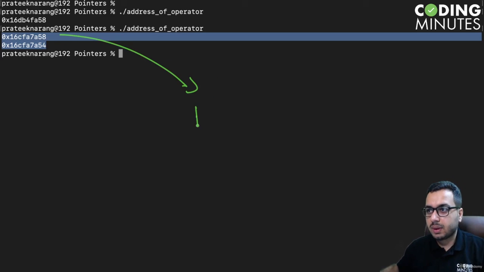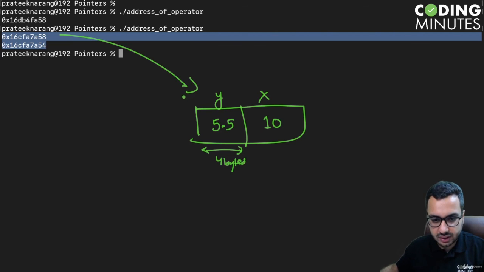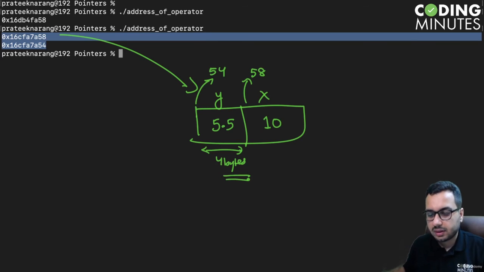In memory we have a bucket y and we have a bucket x. Here we are storing an integer and here we are storing a float. Each is taking 4 bytes, and this address is 58, and this is 54. The difference is because of the memory that is being given as 4 bytes to this particular variable y.